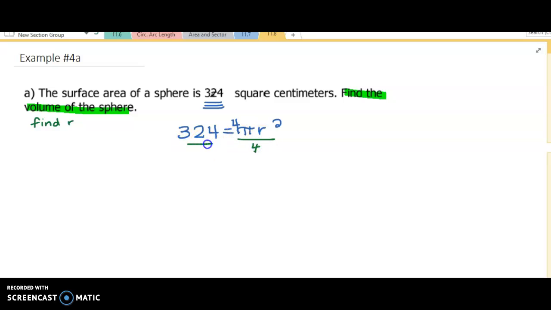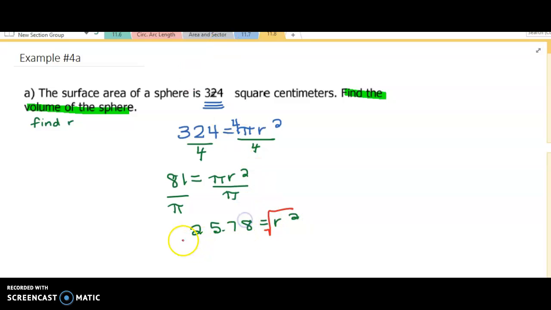So divide by 4, divide by 4. I get 81 equals pi r squared. Divide by pi, divide by pi. I get roughly 25.78 equals r squared. Undo a square, you square root it. And you get that r is roughly, depending on how you round, I'm going to put 5.1.